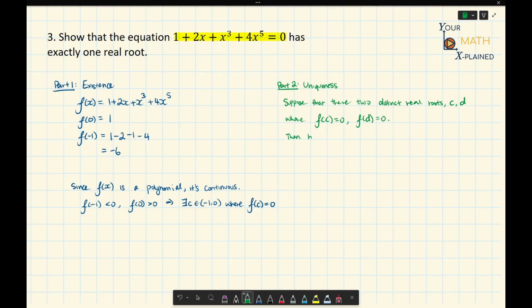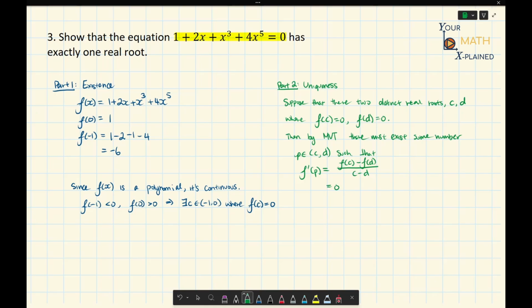Then, by the mean value theorem, there must exist some number, let's call this number p, within our interval CD, such that f prime of p is equal to f of c minus f of d over c minus d. Now, since f of c and f of d are both 0, then that means this is equal to 0.